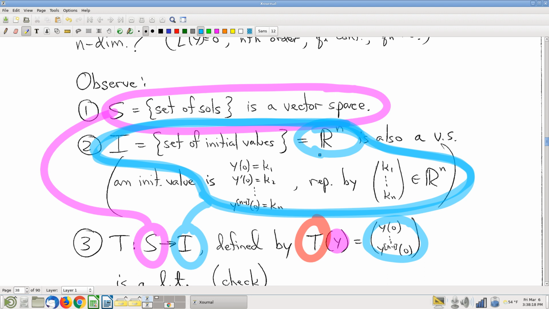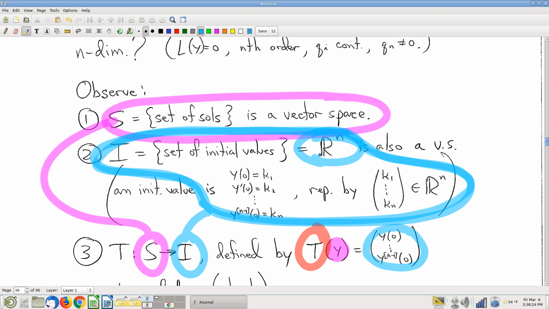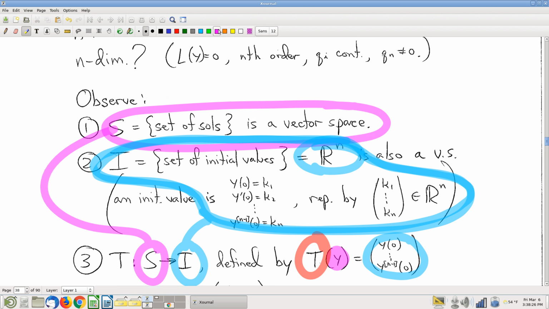So the dimension of S is equal to the dimension of Rn. That's n. So S is n-dimensional, as desired. It's a real slick proof. Very cool. Very, very tricky argument. Okay, I'm a big fan of this proof.